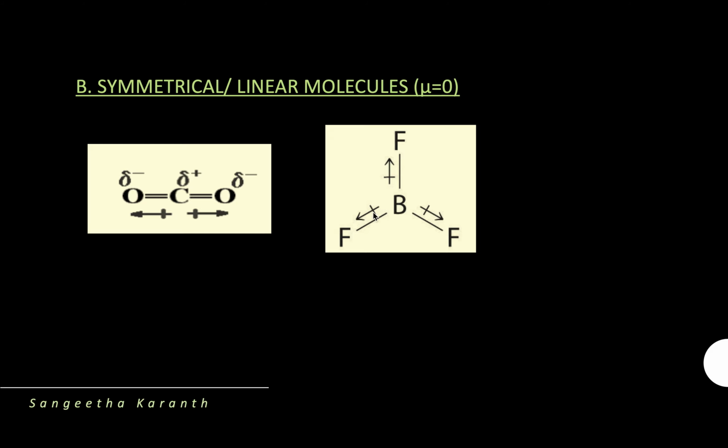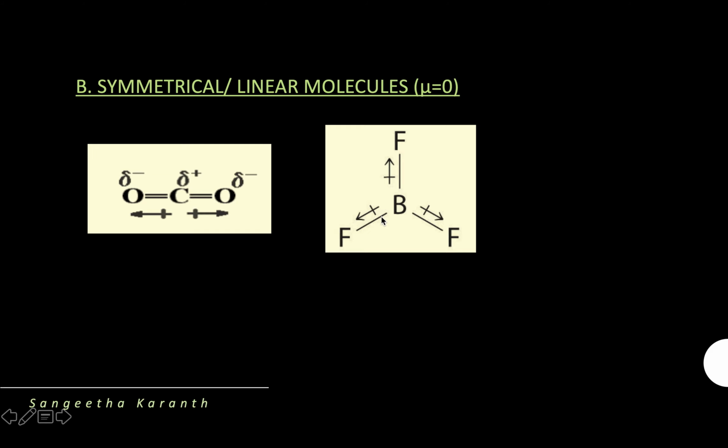Next, coming on to BF3, boron trifluoride. As you all know, this is an example of a symmetrical molecule. Let us consider these two BF bonds. Here you can see the dipole moment is pointed towards the fluorine atom. Here also the dipole moment is pointed towards the fluorine atom.